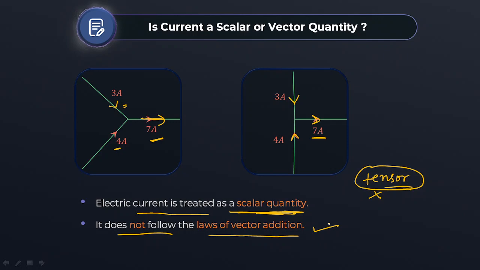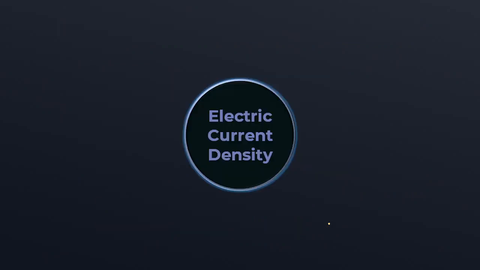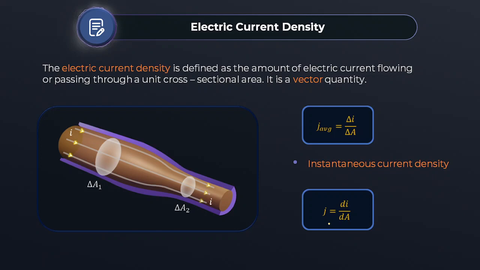Simple. Next, current density. When we say current density, that means current flowing per unit area. The electric current density is defined as the amount of electric current flowing through a unit cross-section area, and it is a vector quantity. We represent it with J with an arrow, and for a small part, of course it has direction.